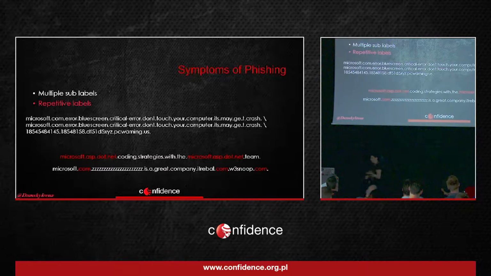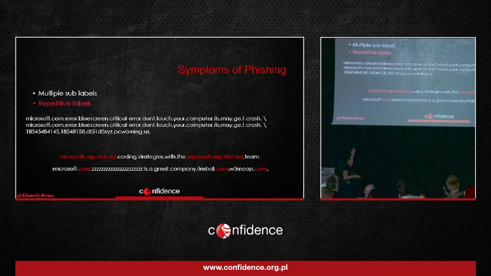As examples, there's this wonderful thing of microsoft.com.error.bluescreen.critical error, don't touch your computer, it may get crashed. That not only appears as a good example for the previous symptom of multiple sublabels, but it also repeats a label twice. So I have nothing to say about that, but shrug.